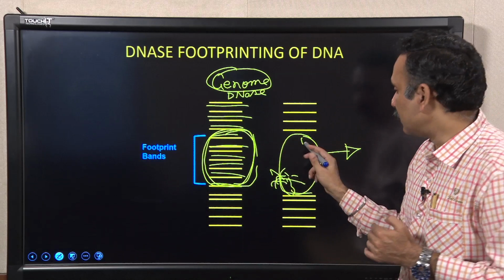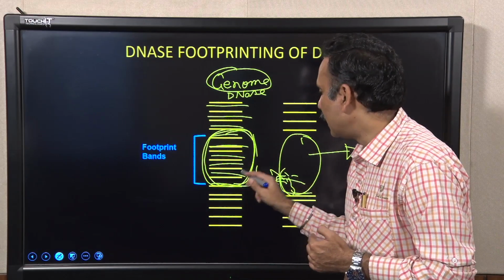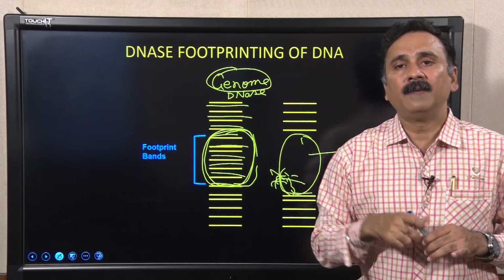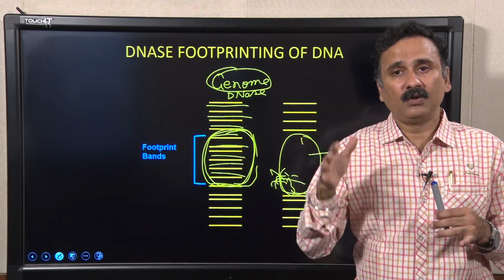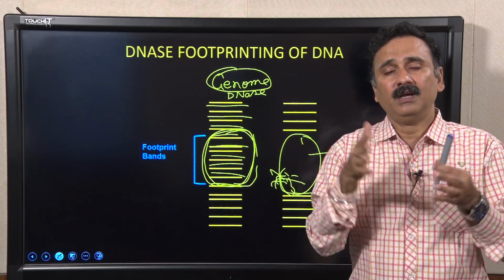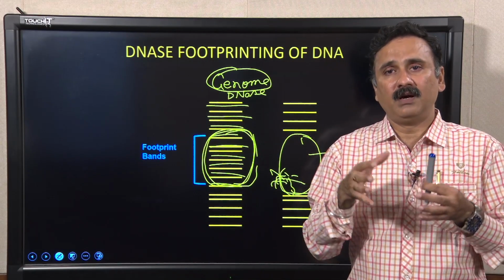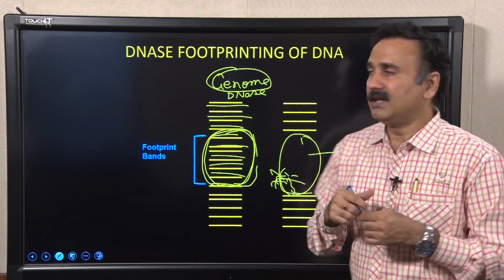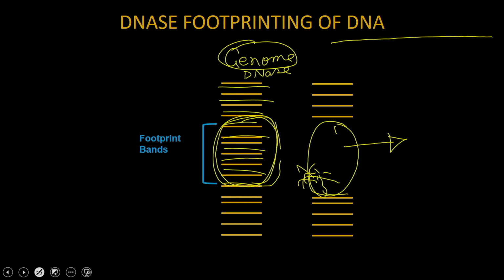So, the bands corresponding to this portion are actually the site where your protein is interacting, and that is the philosophy of DNA footprinting. Imagine you have a very large DNA, and in this DNA at one point you have a region where the protein is bound.